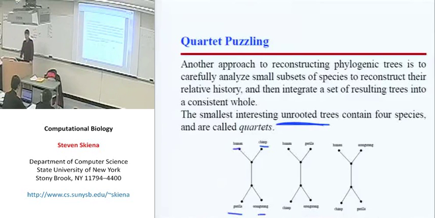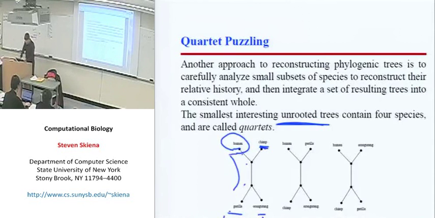Why is that? Well, if it's a binary tree, it's got to have 2 intermediate nodes. We know that human has to sit somewhere in this unrooted tree, right? And note that if you have an unrooted tree with this topology, there is another species that is closer to human than it is to anybody else. Does everybody kind of get that idea?